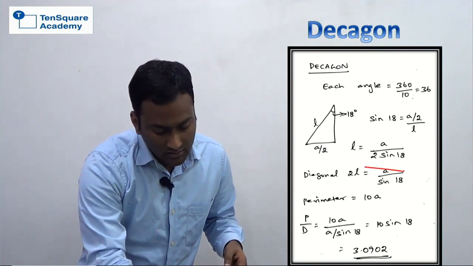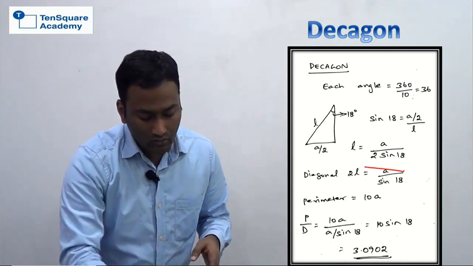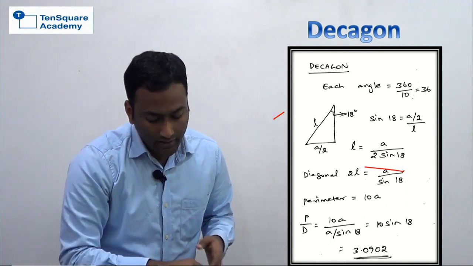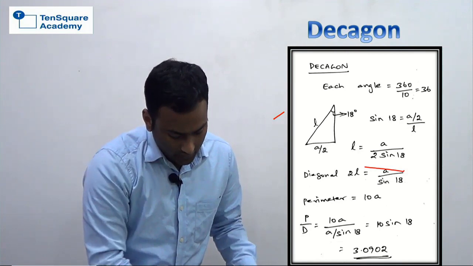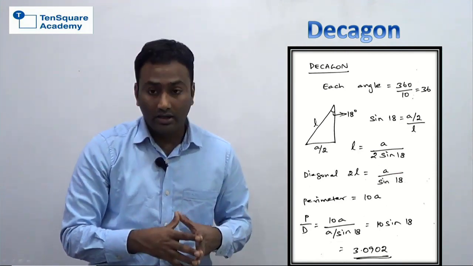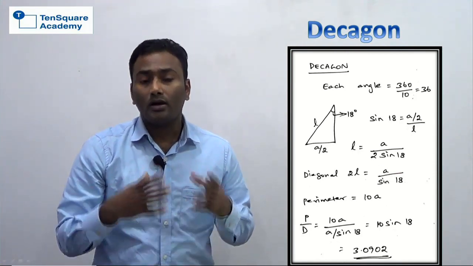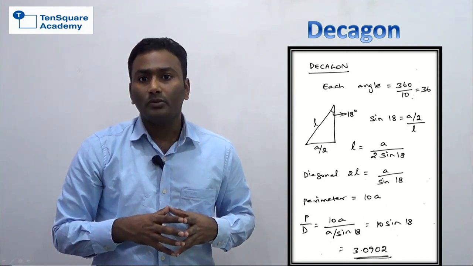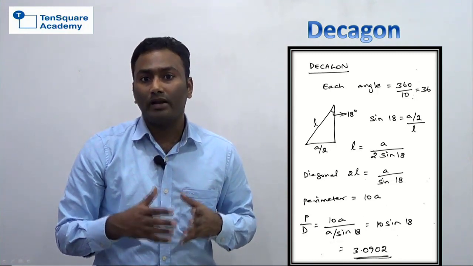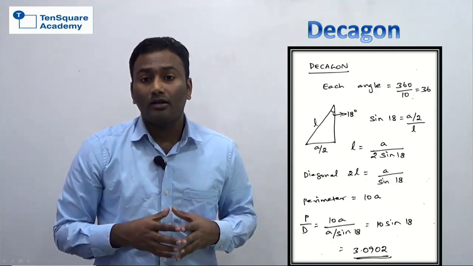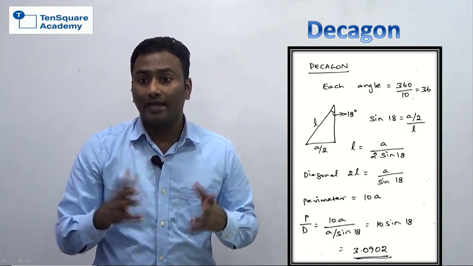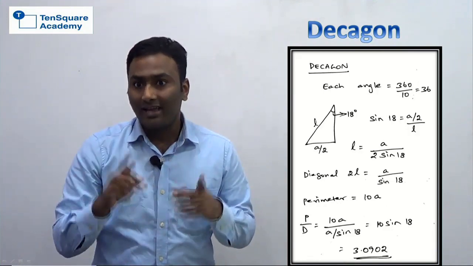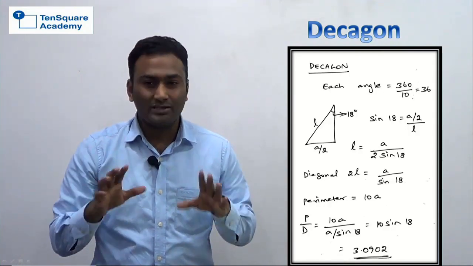Now the diagonal is 2L, so we get a by sine 18. The perimeter of this figure is 10a, because it has 10 sides. The ratio of perimeter by diagonal will be 10a divided by a by sine 18, which is 10 sine 18. Again the answer is interesting, it's 3.09.